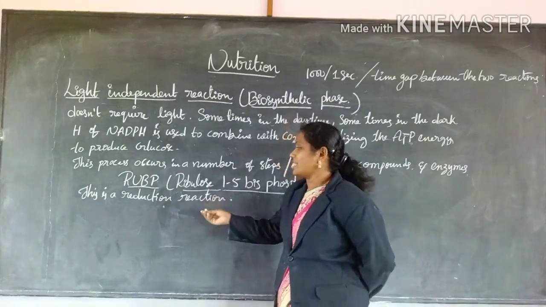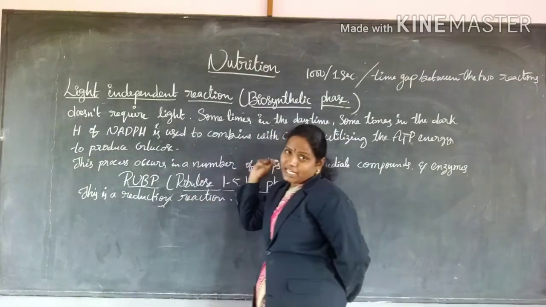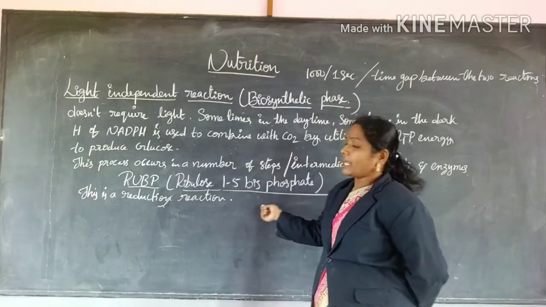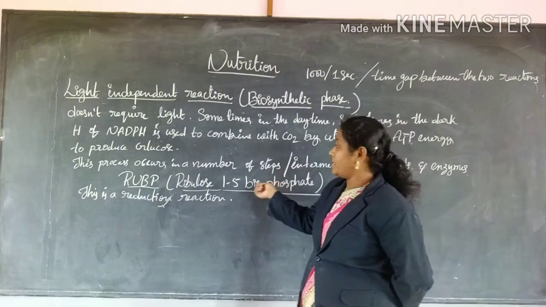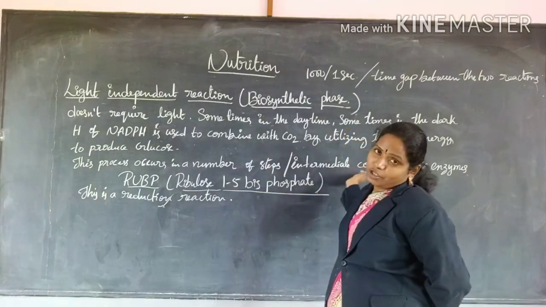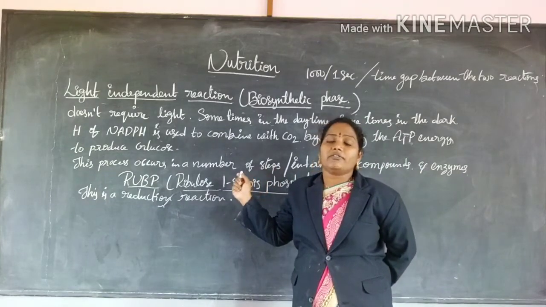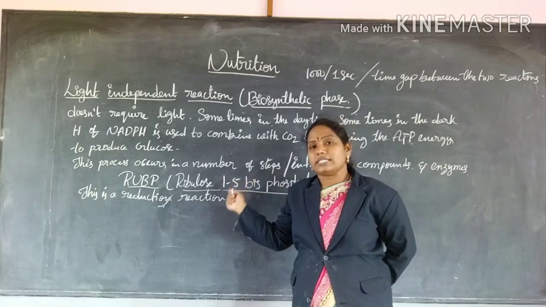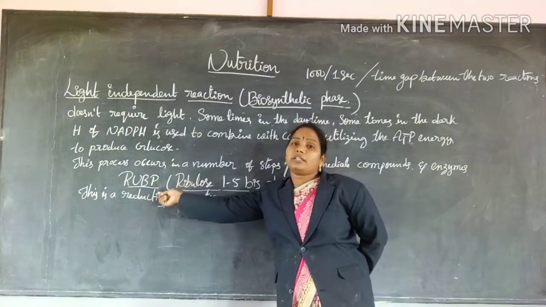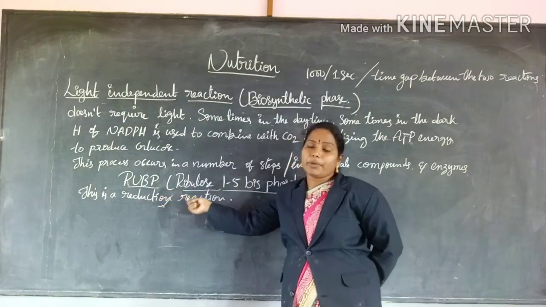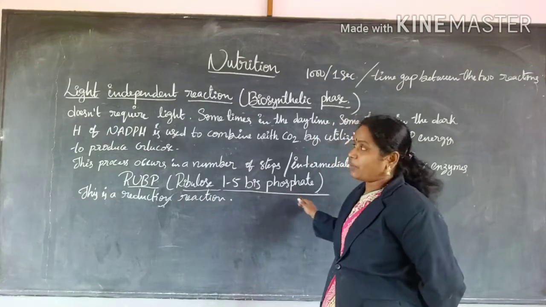So we can say this is a reduction reaction. The intermediate compounds and some enzymes are also there, but in your book only one is given. That is enough. You have to learn this. So here the intermediate compound is RUBP, ribulose 1,5-bisphosphate.